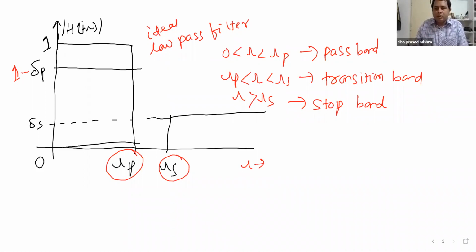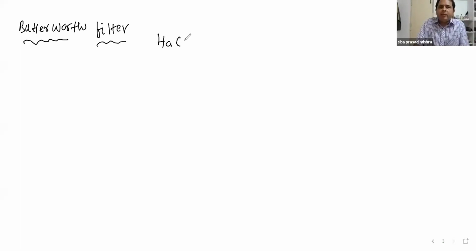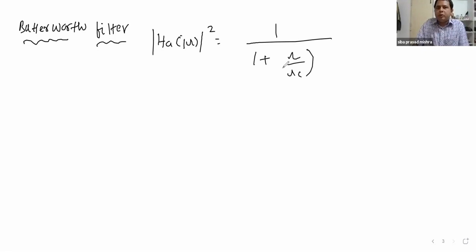Clear. Now we'll come to the Butterworth filter. This is very, very important. The transfer function of the Butterworth filter is given by magnitude squared of H of j omega equals 1 by 1 plus omega by omega c to the power 2n.